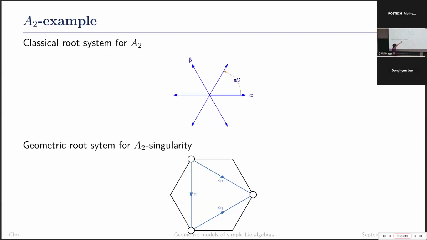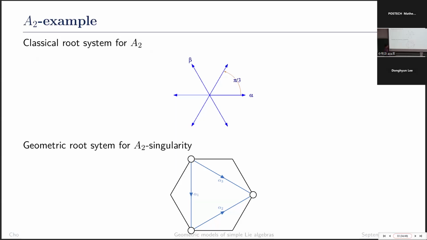But this is a coincidence. For the A3 singularity in the plane, you have 4 punctures, and you have many diagonal arcs. But the root system for A3 will be in 3-dimensional space. It will not be in the plane. If you go to other root systems, they are in higher-dimensional Euclidean space. But because we are looking at curve singularities, these arcs will be 2-dimensional.